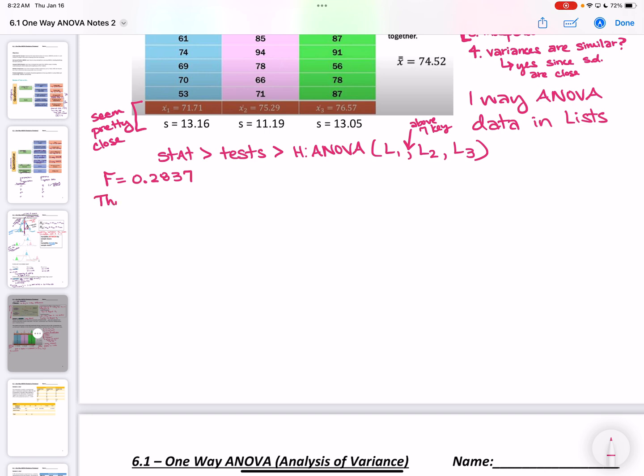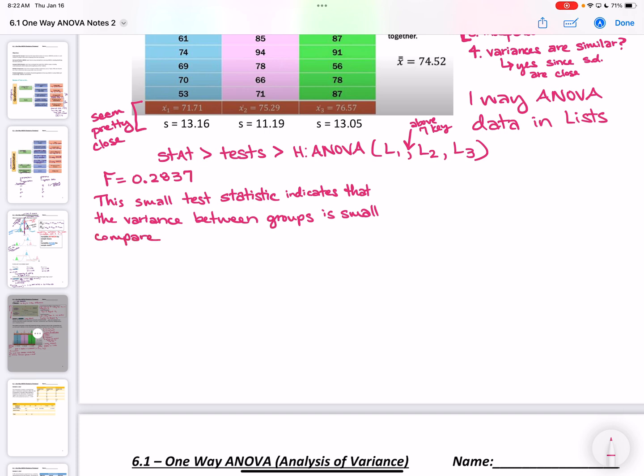So this small test statistic indicates that the variance between groups is small compared to the variance within.